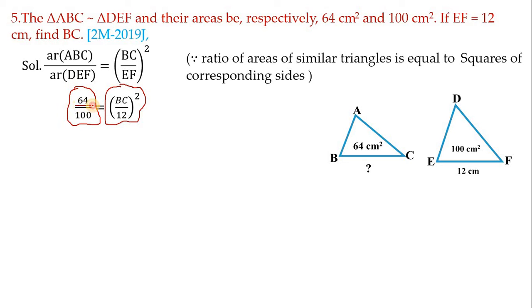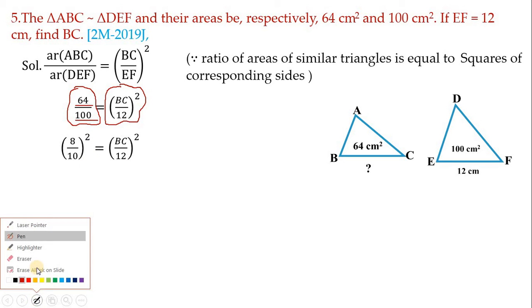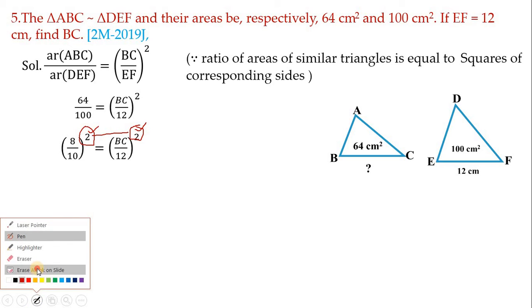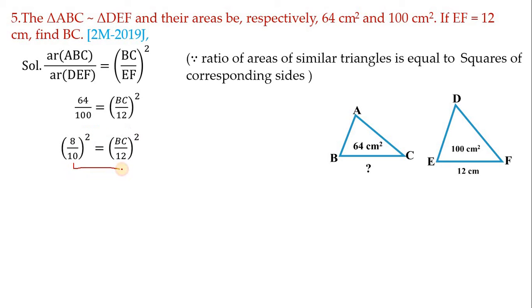As I said earlier, 64 we can write as 8 square, 100 we can write as 10 square, hence 8 by 10 whole square. And here both are in square form, hence when powers are same, I mean here power is 2, here also power is 2, when powers are equal, bases will be equal. Hence we can write 8 by 10 equals BC by 12.